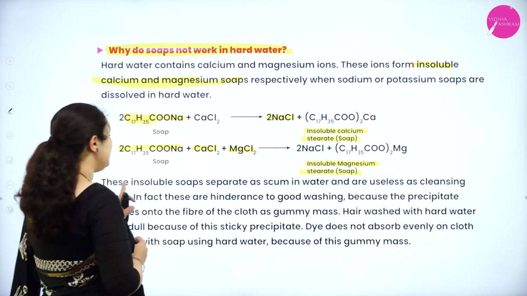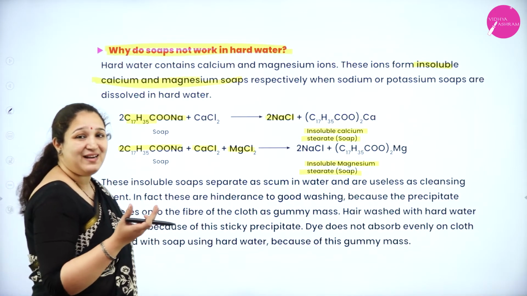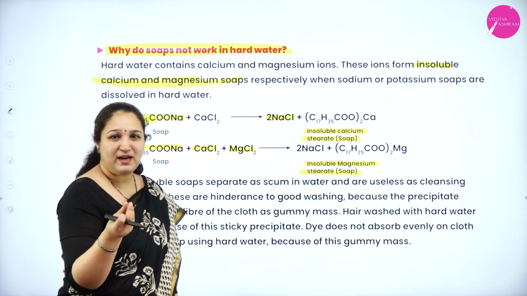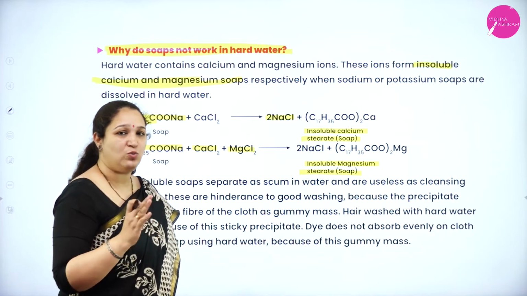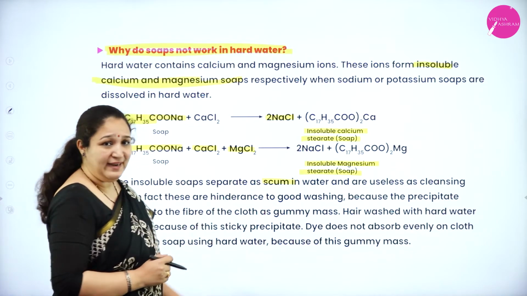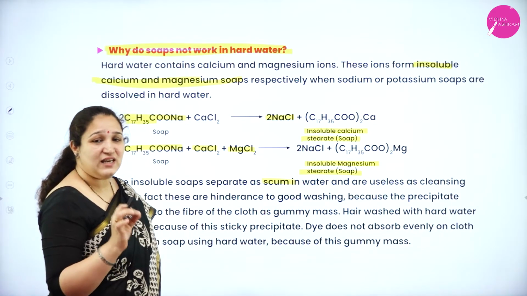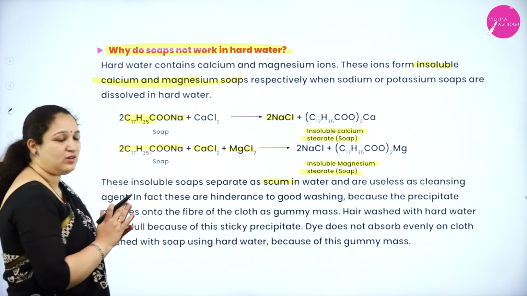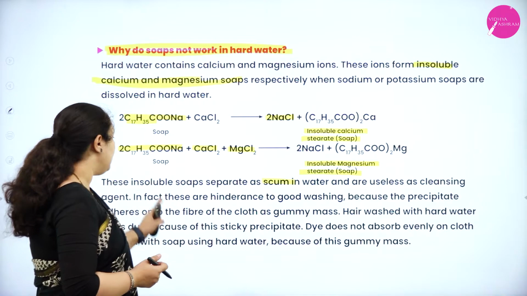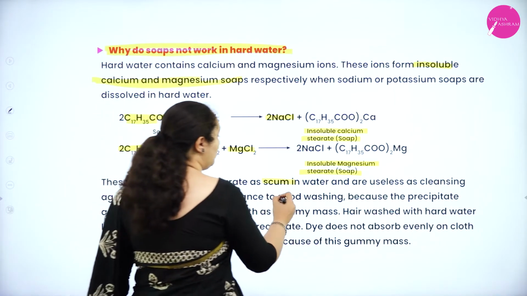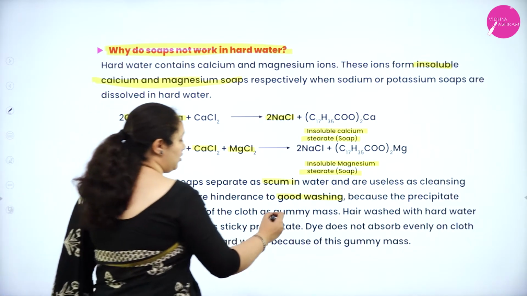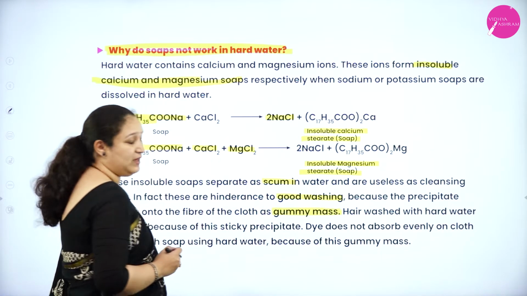Now these insoluble soaps separate as scum. Have you all seen the white powdery precipitate which is formed when soap is added to hard water? That is called scum. And these are useless in cleansing action. They do not have any cleaning property. Thus, it is also a hindrance for good washing because the precipitate adheres to the fiber of the cloth, forming a gummy mass.